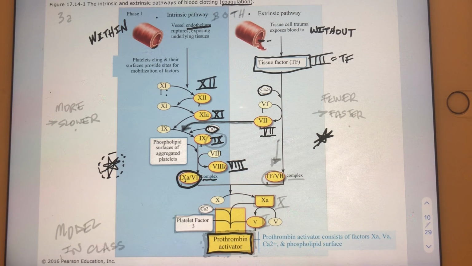Activated clotting factor 7 and tissue factor combine, they form a complex, and in the extrinsic pathway, it's this complex that then activates clotting factor 10. Just as with the intrinsic pathway, clotting factor 10 activates 5. There's 10. There's 5. And activated 10 plus activated 5 plus calcium plus platelet factor 3 yield prothrombin activator.